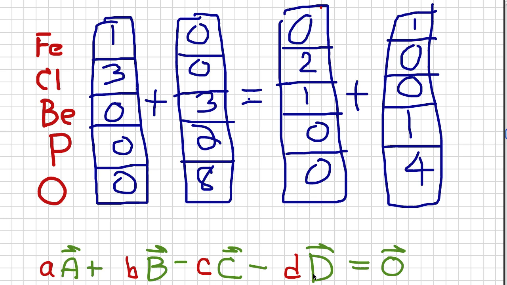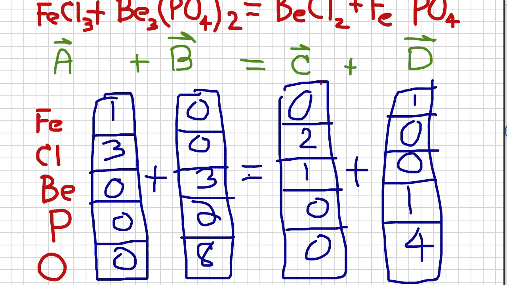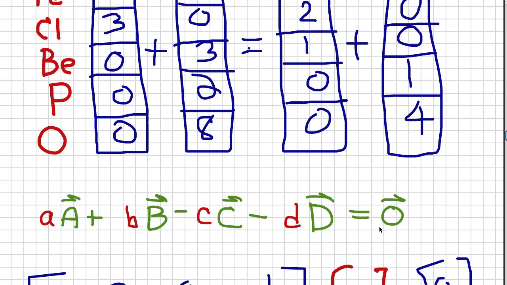Now that's not exactly what I have written here, because what I've done is I've taken everything on the right-hand side here and I've subtracted it from both sides of the equation. So the algebraic equation that I have developed from this balancing chemical equation problem is A times compound A plus B times compound B minus C times compound C minus D times compound D, and that has to equal 0.